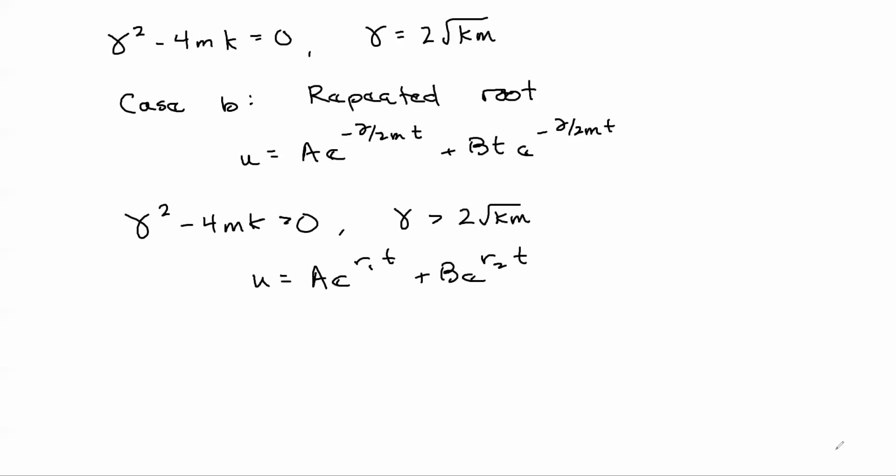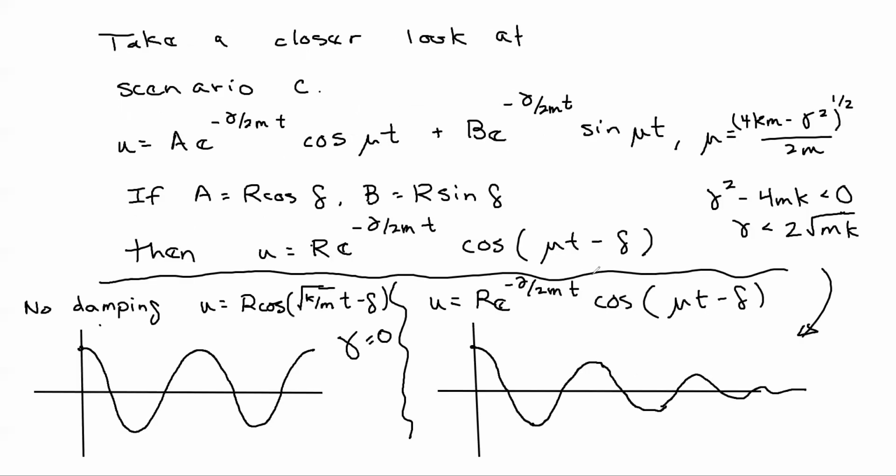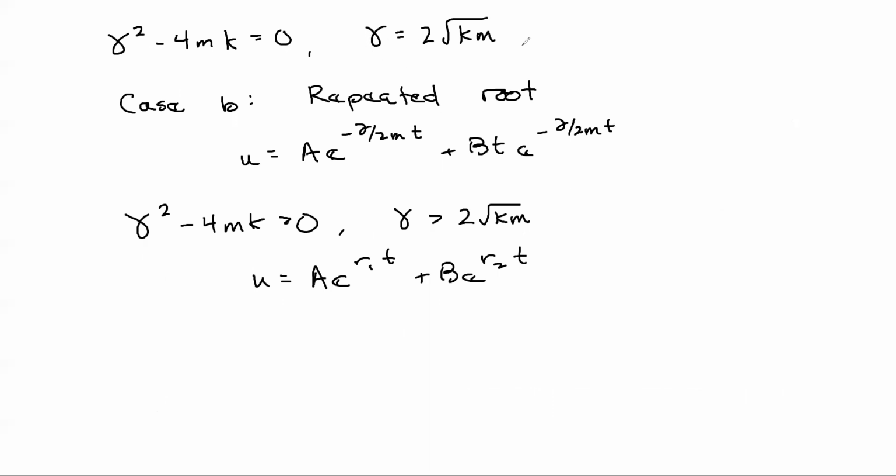The point of this, what I'm trying to get at here, is you can actually split these up based upon the damping. So if the damping is 0, this scenario. If the damping is less than this calculation, this is called the small damping scenario, then you get this scenario. If damping gets big enough that gamma equals 2 root km, then you get this scenario.